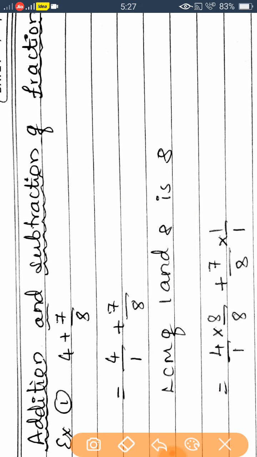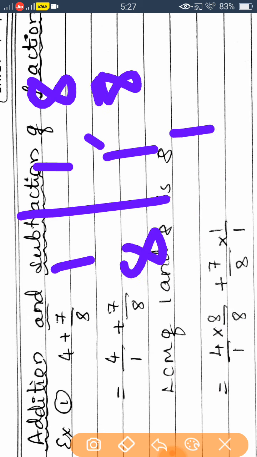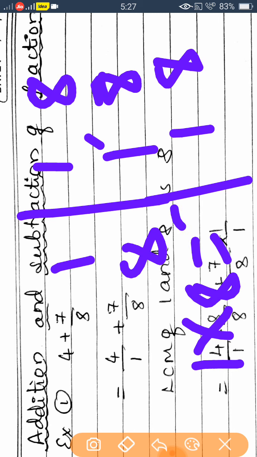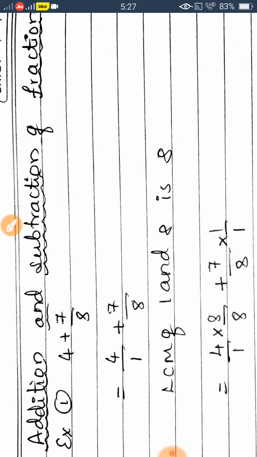So 1 and 8, how will you take the LCM? 1 1s are 1, 8s are 8, 8 8s are 8. So again, if you multiply these sides, you'll get the LCM. You have studied this, isn't it? So the LCM of 1 and 8 is 8.